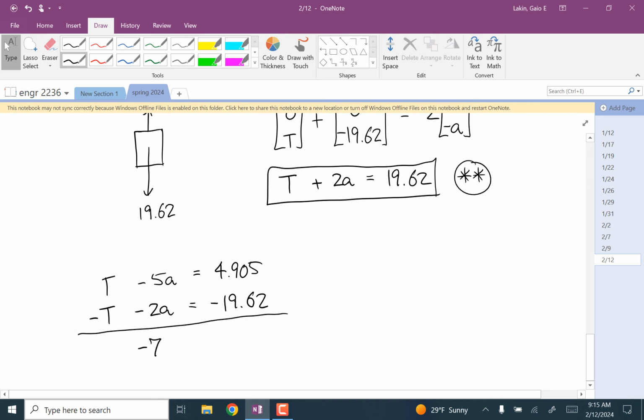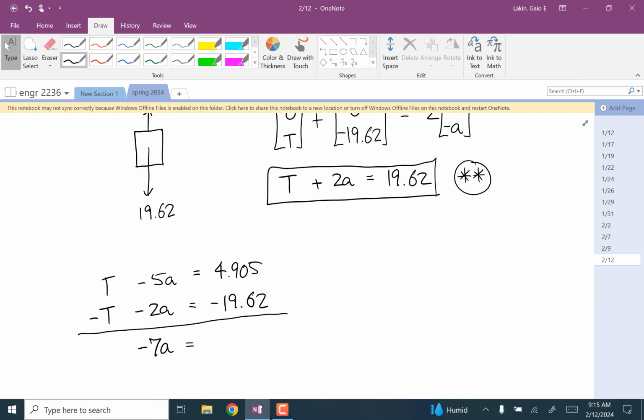And so you get negative 7a is equal to, what would that be? I'd have to calculate that. Can someone punch that in?